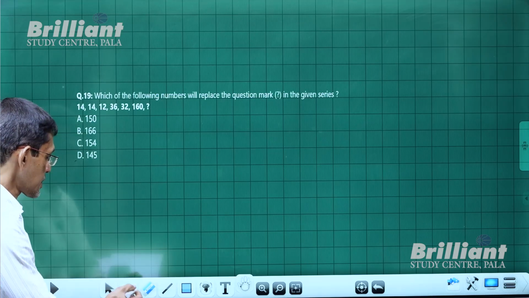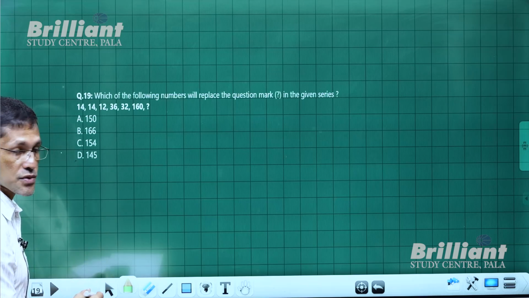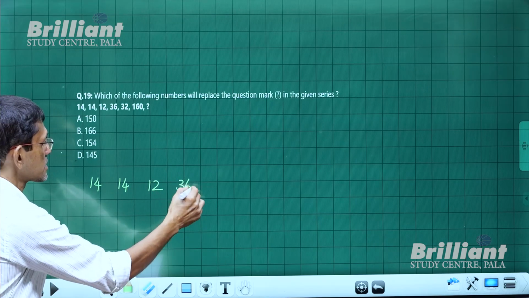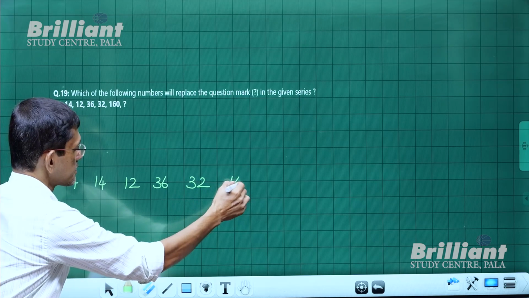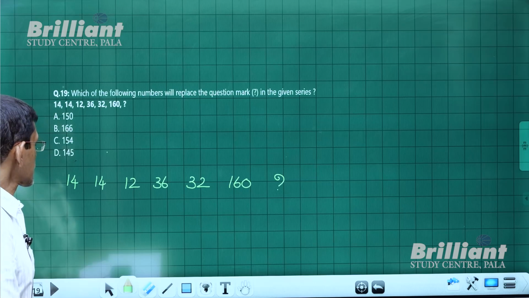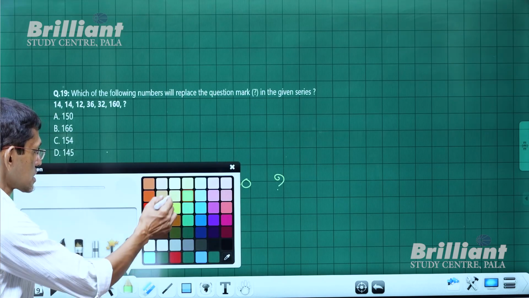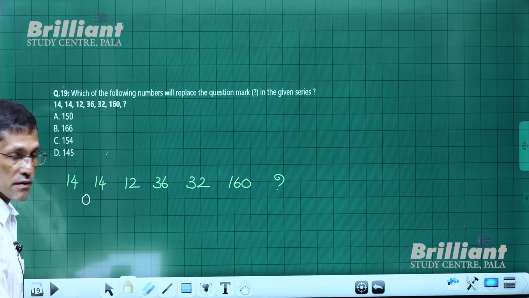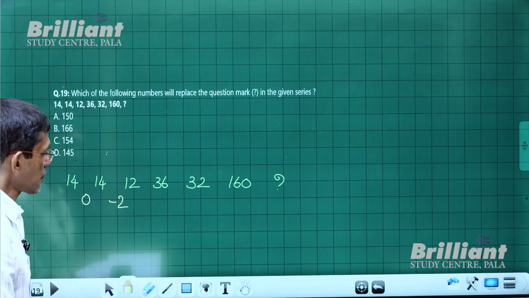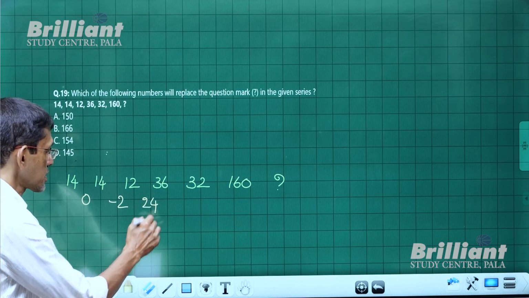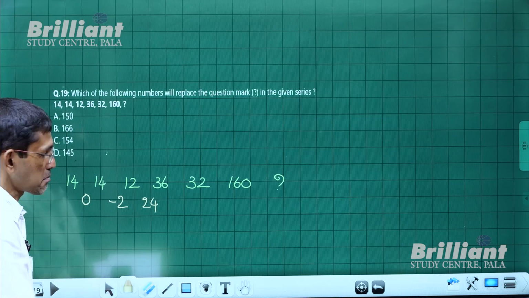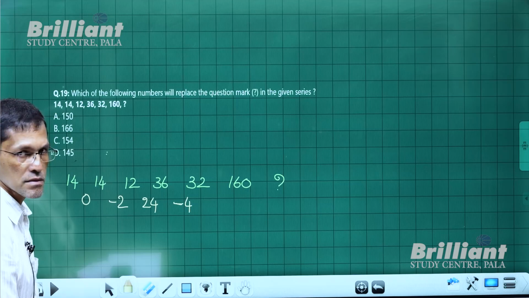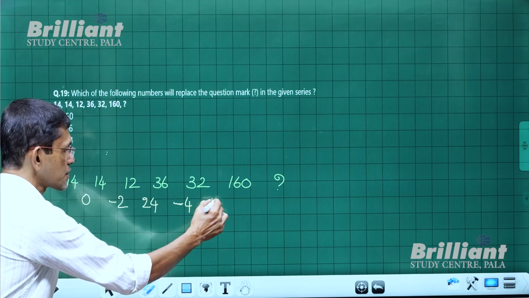We need to find which number replaces the question mark, so let's find the pattern. 14 and 14: 14 plus 0 is 14. 14 and 12: minus 2. 12 and 36: plus 24. 36 and 32: minus 4. Then 32 and 160: plus 128.